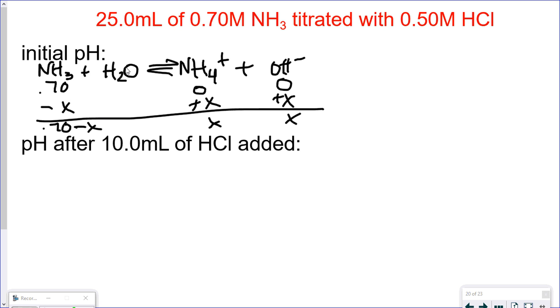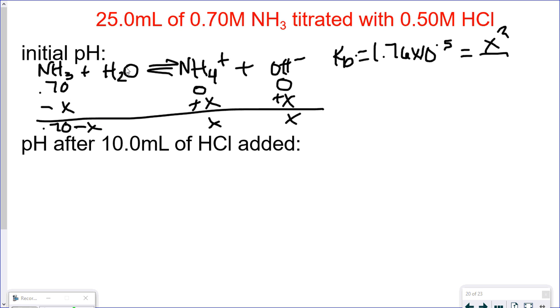Our Kb value for ammonia is 1.76 times 10 to the negative fifth. It's still products over reactants, so it will be that X squared.